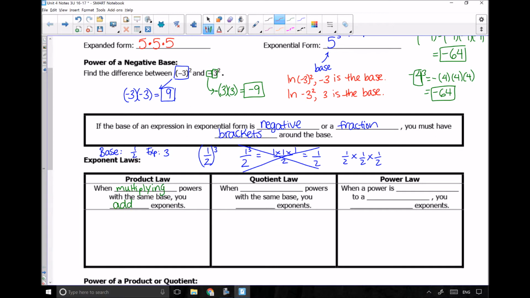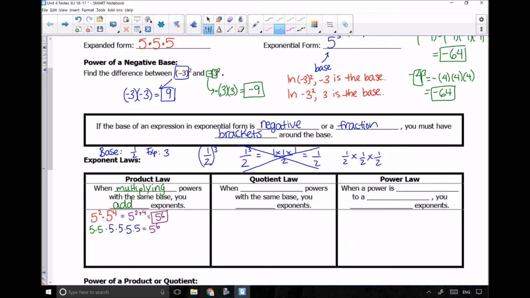So for example, if I had 5 to the power of 2 times 5 to the power of 4, essentially what that means right here is 5 times 5, that's what 5 to the power of 2 means, and then another 4 5s being multiplied together. So therefore, I can just simplify that and say that this ends up being 5 to the power of 6. So the shortcut is just to add the 2 and the 4 together, so I end up getting 5 to the power of 6.